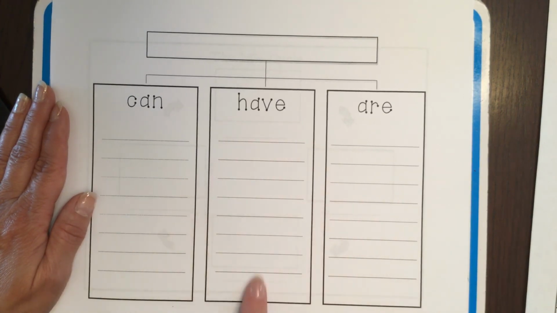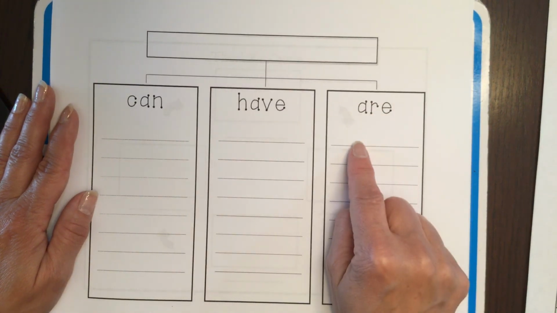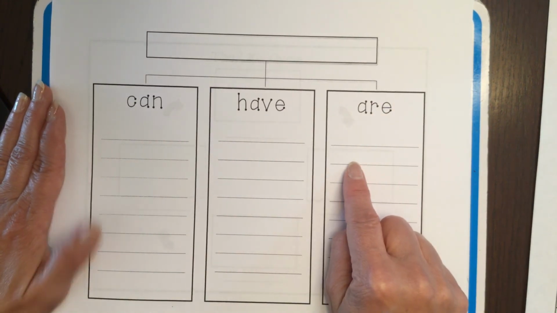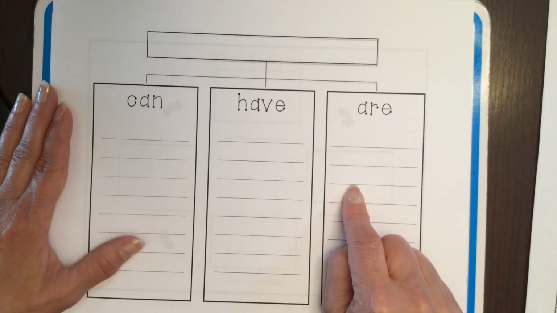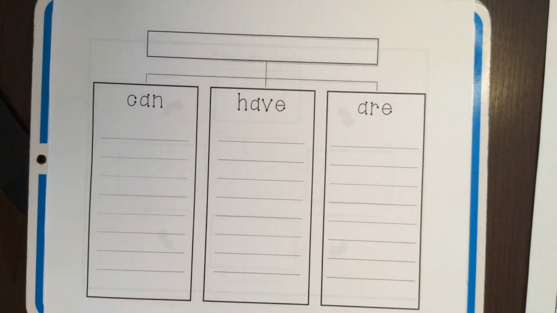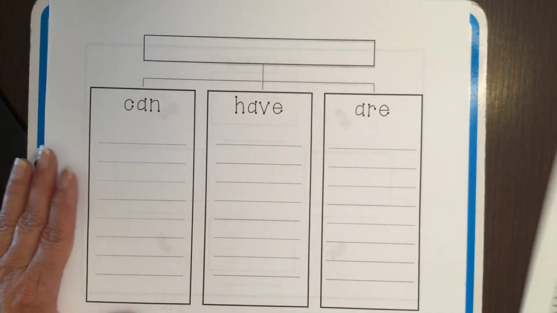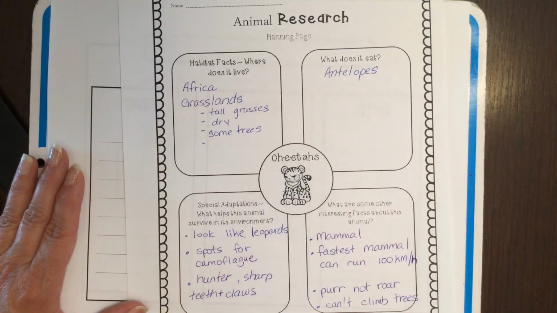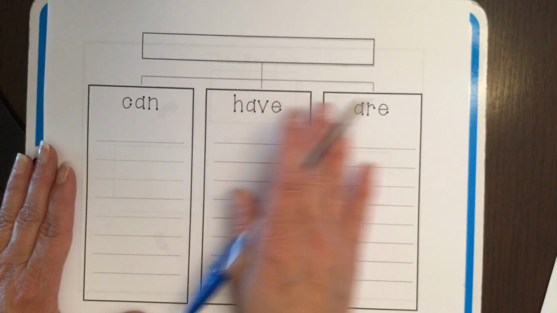You might put all the things they have. And then you can say cheetahs are mammals, they're cats, they are moms, they take care of their babies, they're hunters. Anything you think of that finishes the sentence cheetahs are. So tomorrow we're going to look at what research we might find when we're looking at books and videos, and we're going to fill in this page, can, have, are.